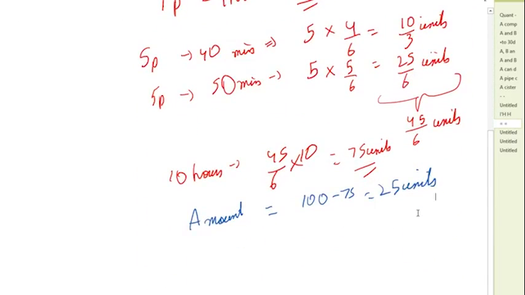So if you have 7 more pipes, then the units that I fill every 2 hours increases from 45 by 6, which was for 5 pipes, to 45 by 6 into 12 by 5, because now we have added 7 more. So every 2 hours I would be doing 18 units.